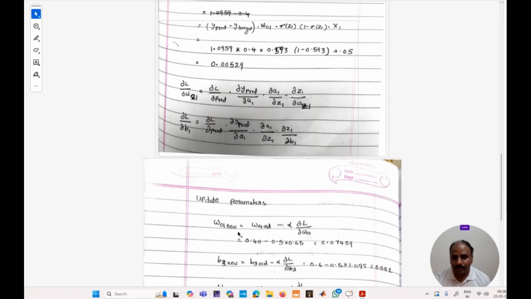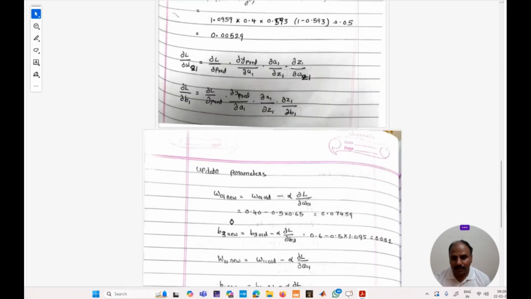Alpha is the learning parameter; here I have taken 0.5. You may take up to 0.9 and up to 1. This is the range of the learning parameter, 0 to 1, and depending on your choice you may take it from anywhere. And ∂L/∂W1 is the 0.65 we obtained. So after substituting, W01 new is 0.07459.